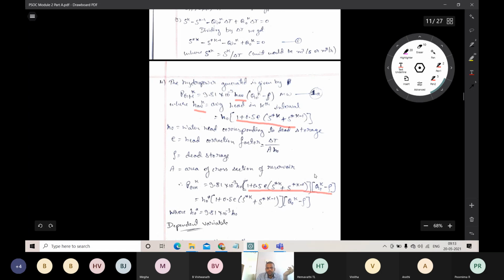If you minimize, the equation will be PGHK. So we need four equations now. This PGHK will be given by this formula, H naught star 1 plus 0.5 E, obtained by substituting this H naught equal S star K plus S star K minus 1 of Q naught K minus rho.